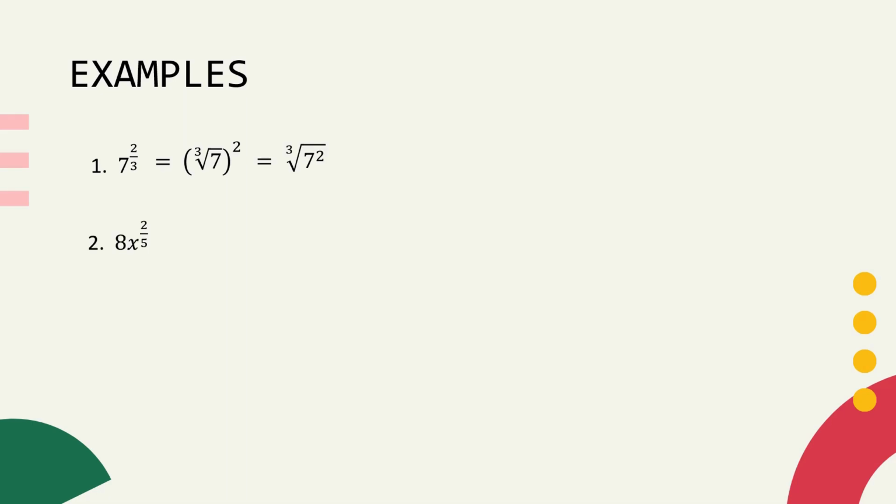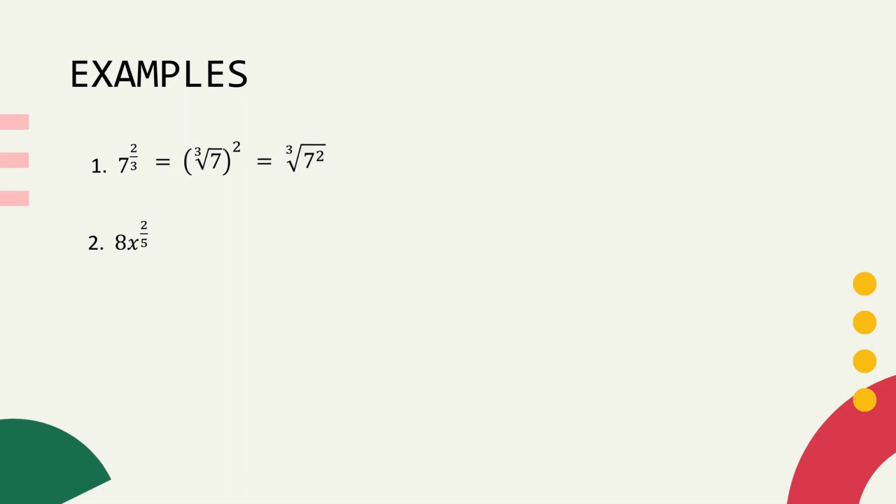Next, we have 8x raised to 2/5. If you can see, the rational exponent 2 over 5 is only applied to x. So we can only convert x raised to 2 over 5 into radical. Therefore, 8 will not be a radicand, but a coefficient.